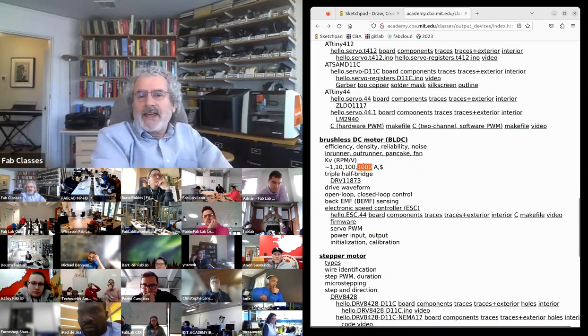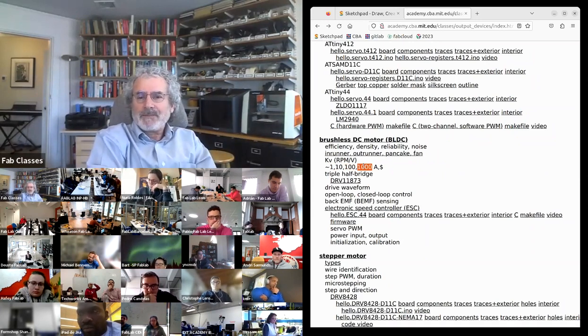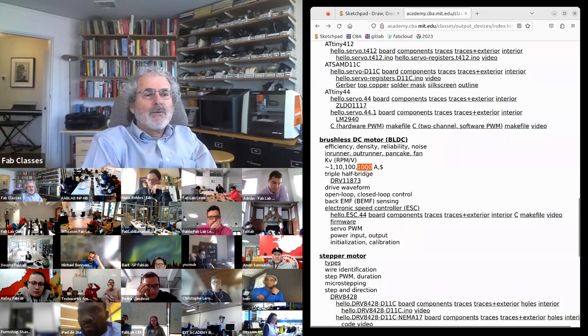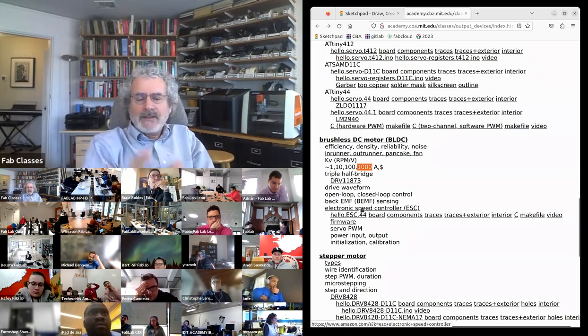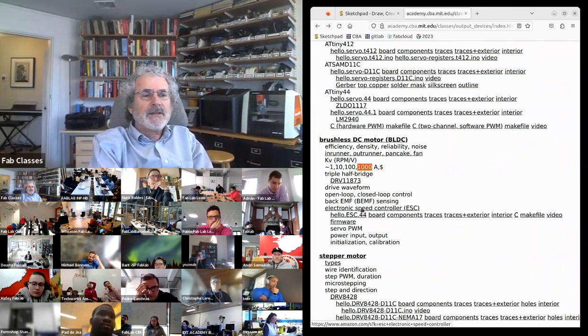And 1,000 amps is getting into the range of a car. And so for a few amps, you can make the circuit yourself. Beyond that, I would just buy one of these ESCs, electronic speed controllers.